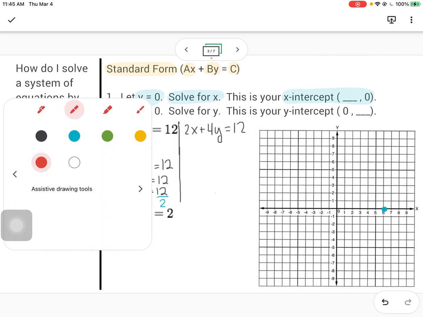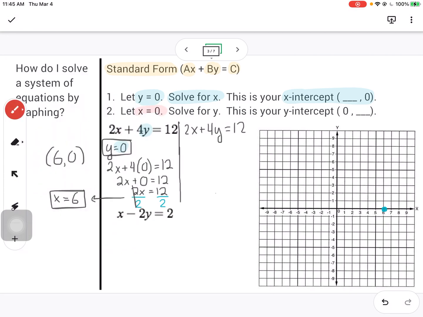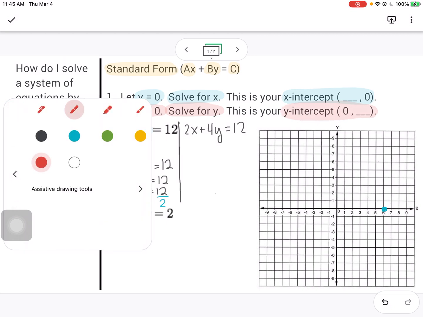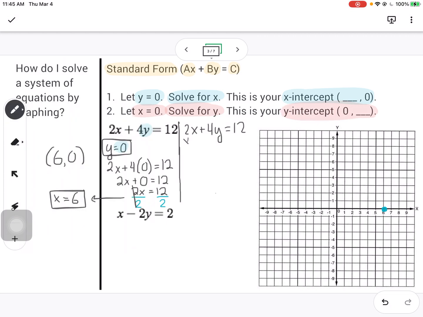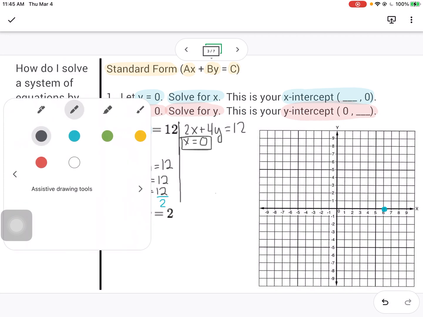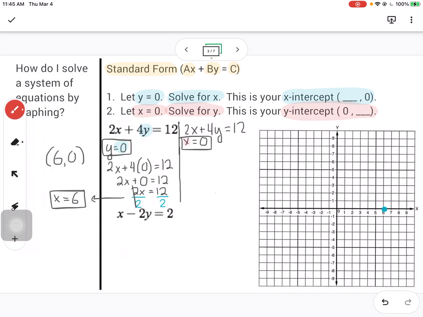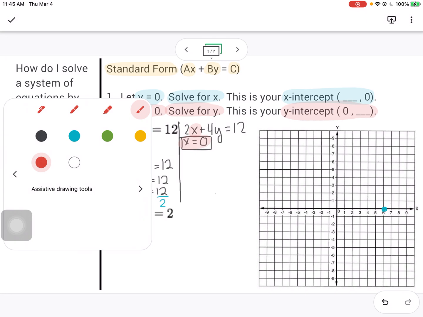Next, we're going to do the same thing, except we're going to let x equal 0 and solve for y, and that will be our y-intercept. So I'm going to say x equals 0. So instead of x, we're plugging in 0.